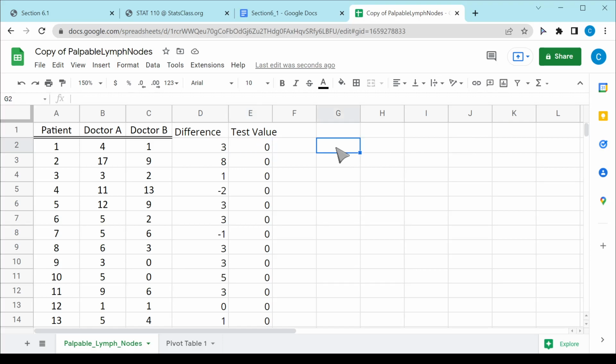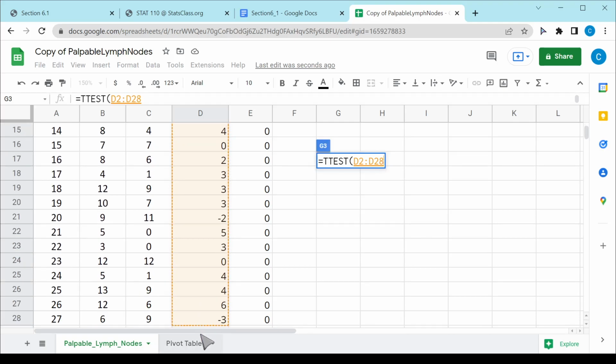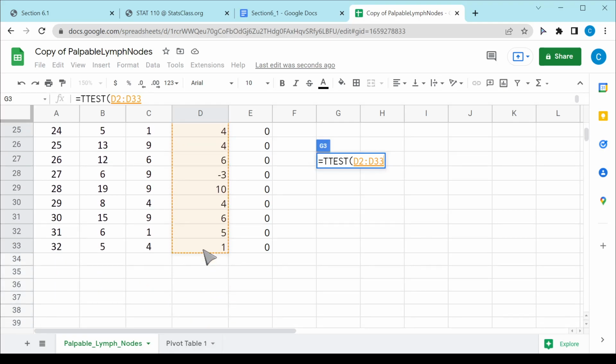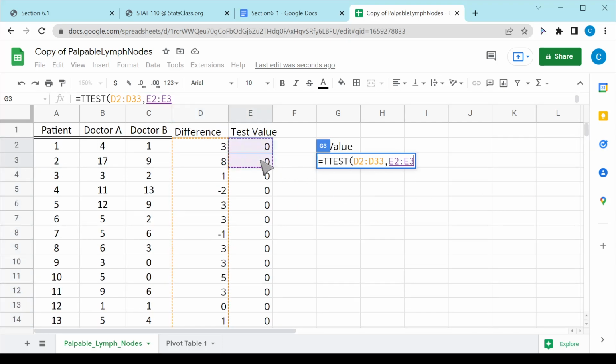Okay, let's go ahead and get the p-value then. So to get the p-value, what I need to do is equal TTest. The differences get highlighted first, comma, and then the value that you want to test against.